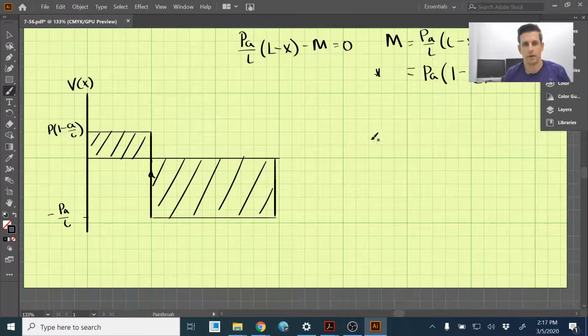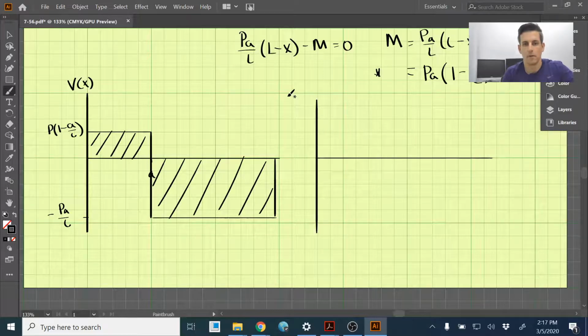Okay, let's move on to the moment diagram now. Our moment diagram, and we'll put A about right here.